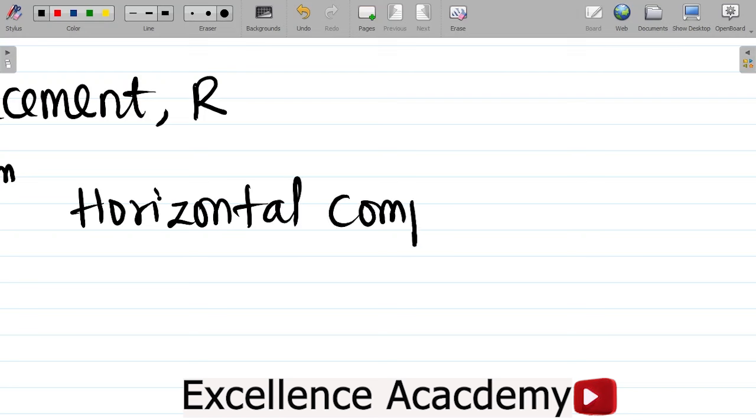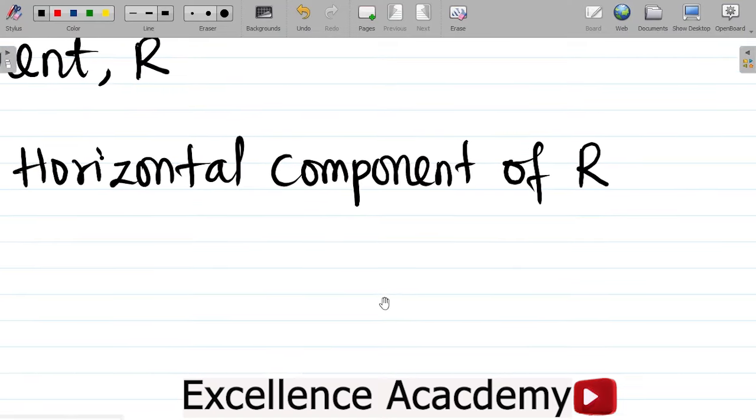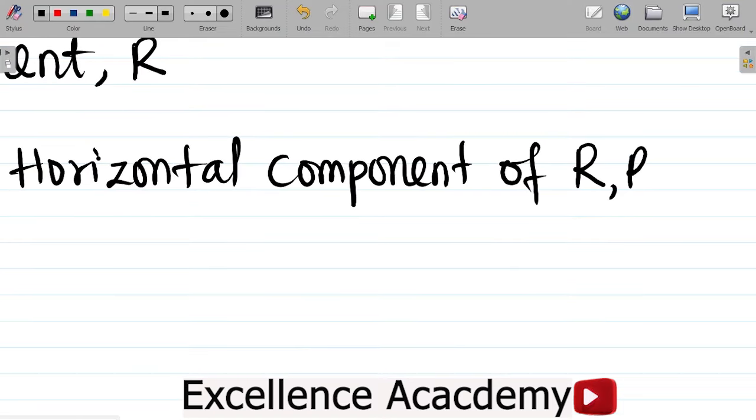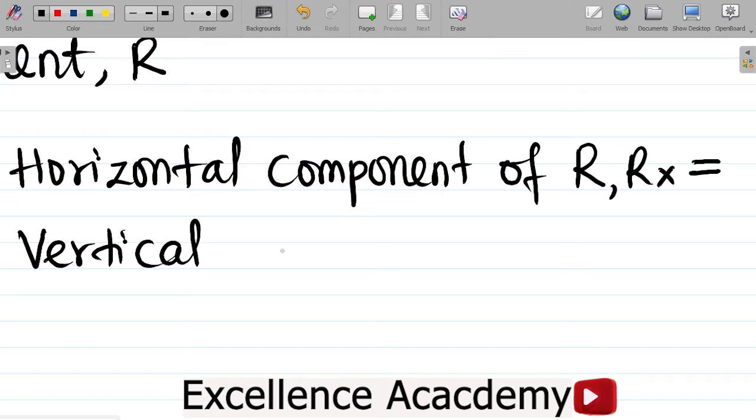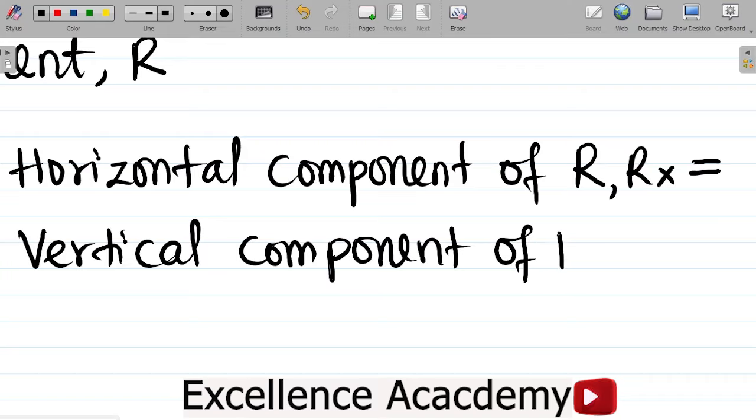We'll start with the horizontal component of R. Let's call it Rx. Let's also get the value for the vertical component of R. Let's call this Ry.